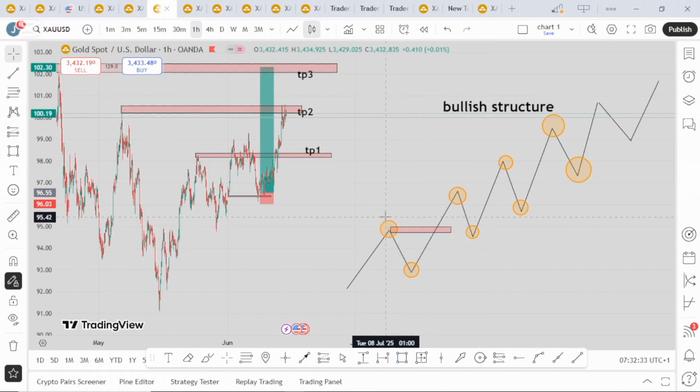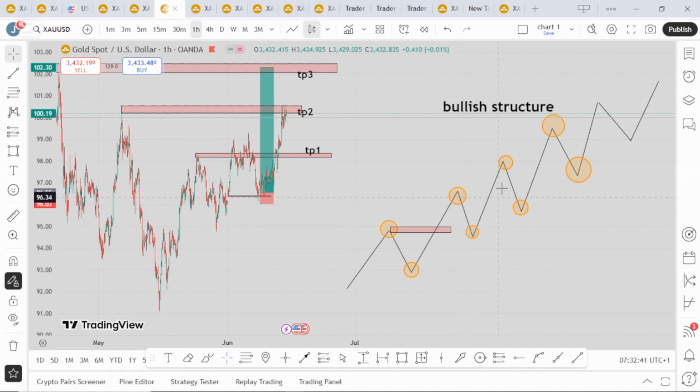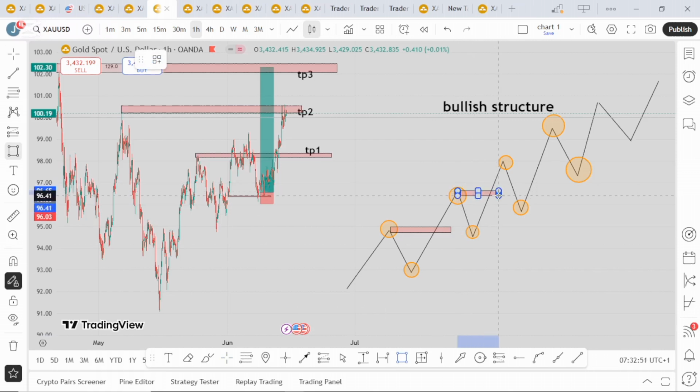Price broke through this, this is a break of structure. Now after this, price came again and broke through this higher high. You see what I told you before, you'll be seeing higher high, higher low. This is another break of structure.